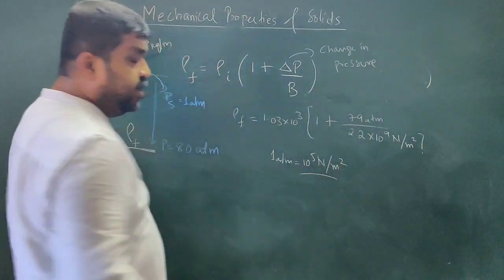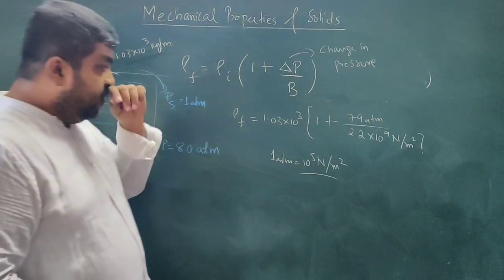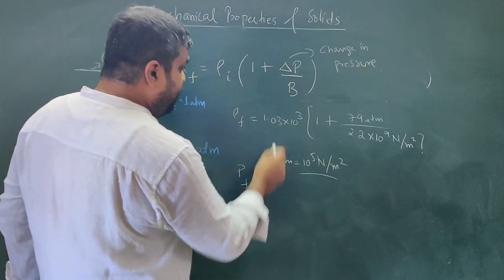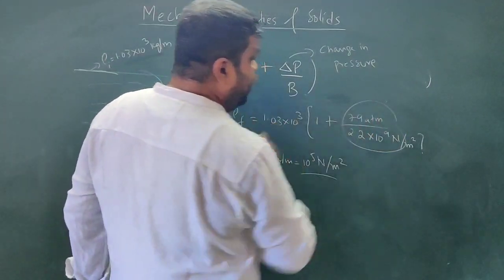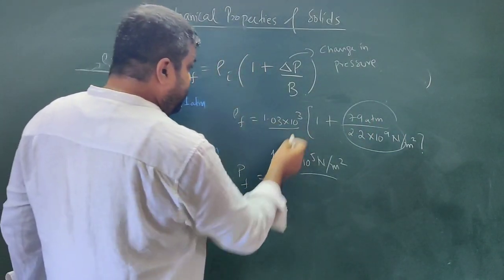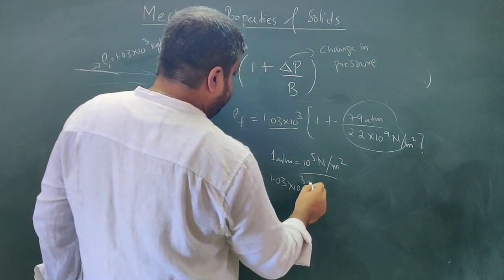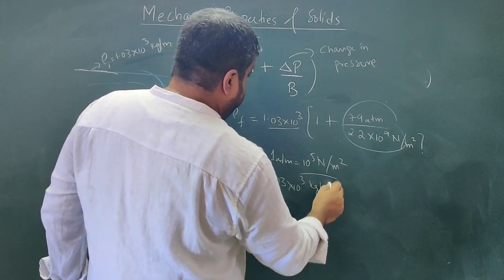So this is 79 into this quantity. If you simplify this, you will get the final answer. So final density will be somewhere around, see, this quantity will obviously be very much less than 1. So the final answer will be close to this value, 1.03 into 10 power 3 kg per meter cube.